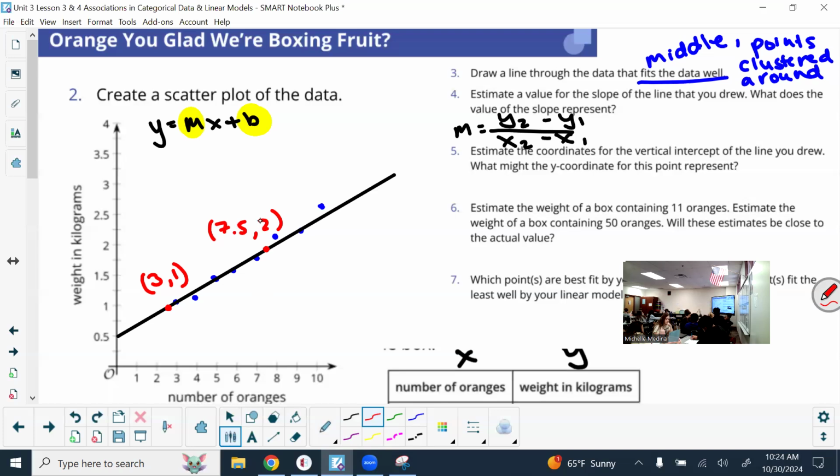Okay, anyone, I need a volunteer because I don't want this to take too long. I need other points that we could see. Fulton? 9 and 2.25. Okay. Yep, I'd say that's pretty good. And one more, just so we could show that there's multiple points to pick from.